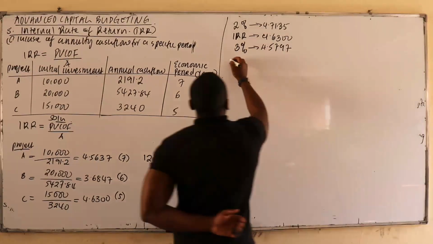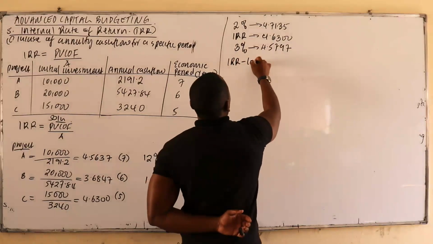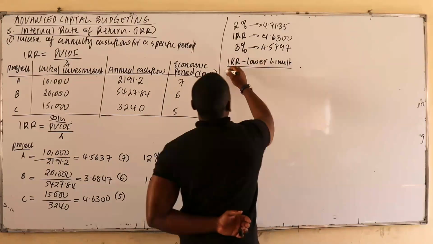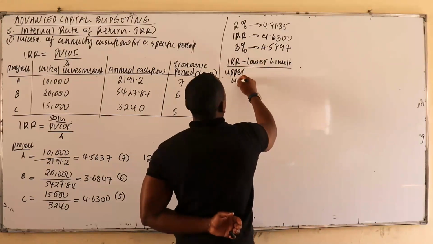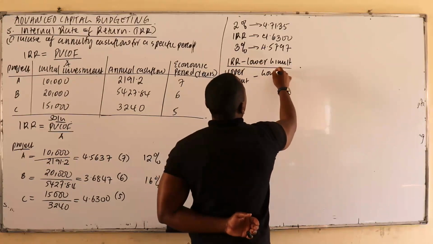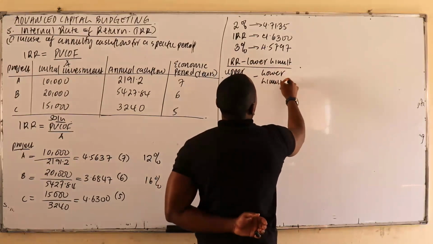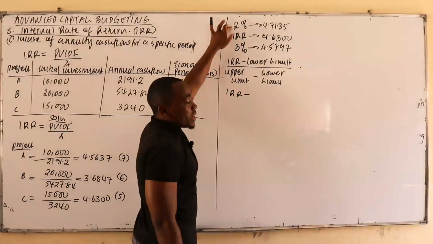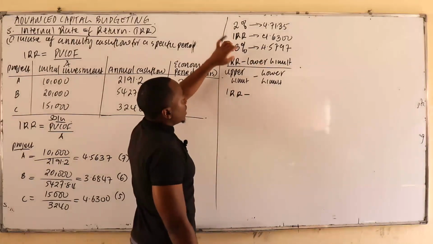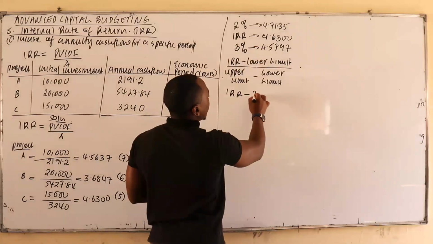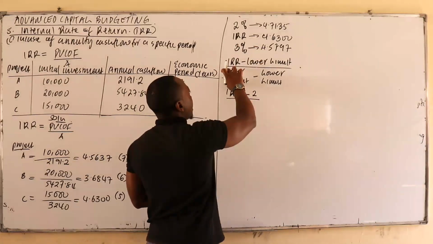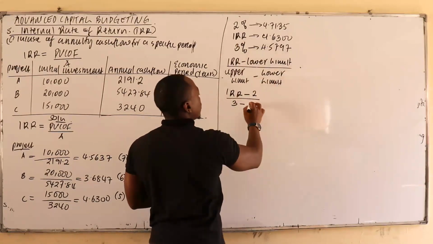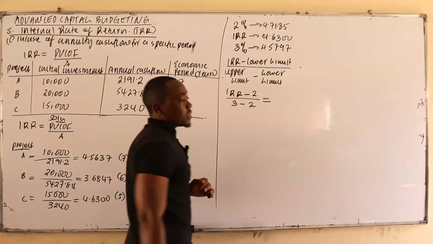Now this is what you do. You take IRR minus the lower limit, divided by the upper limit minus the lower limit. The lower limit is 2% and the upper limit is 3%. Now let's substitute.